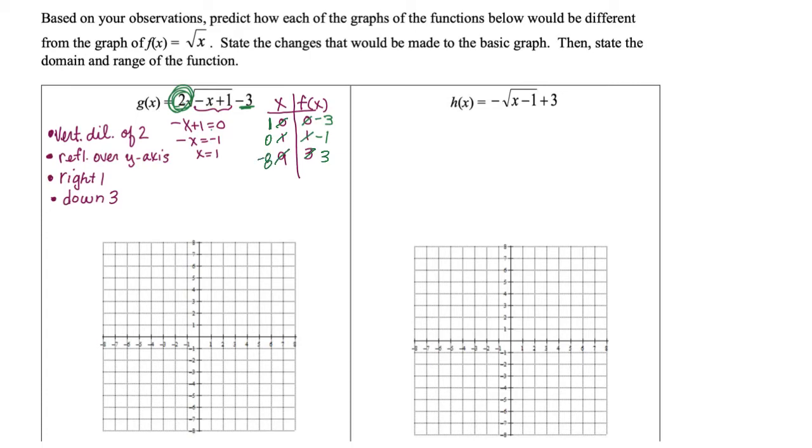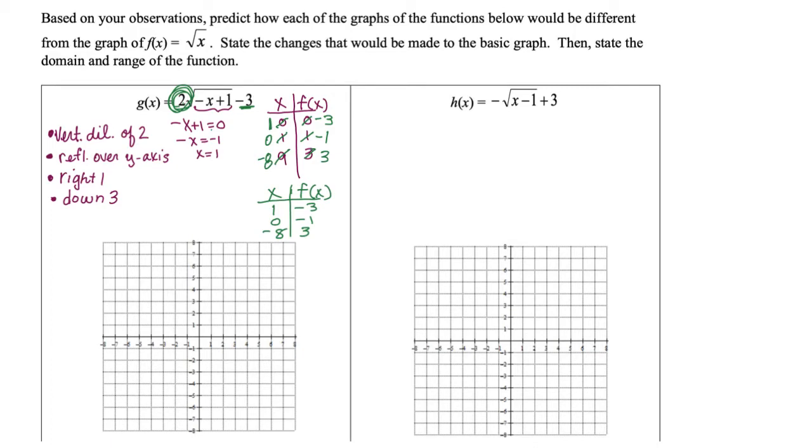So that's going to be our new t-chart. So let's write it out so it's a little bit more clear. So we have 1, -3, 0, -1, -8, 3.